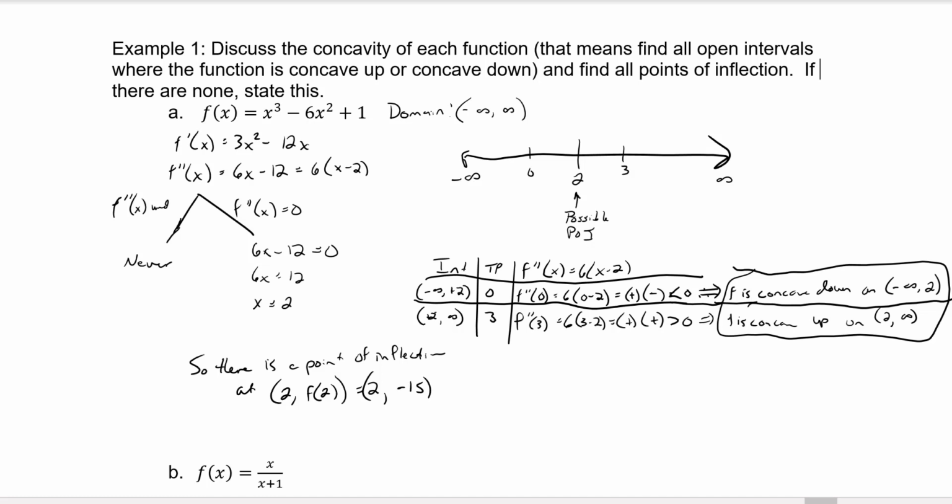Remember, how do we get that negative 15? You're finding f of 2, right? So that in this case is going to be 2 to the third power minus 6 times 2 to the second power plus 1. And that's how we got that negative 15.